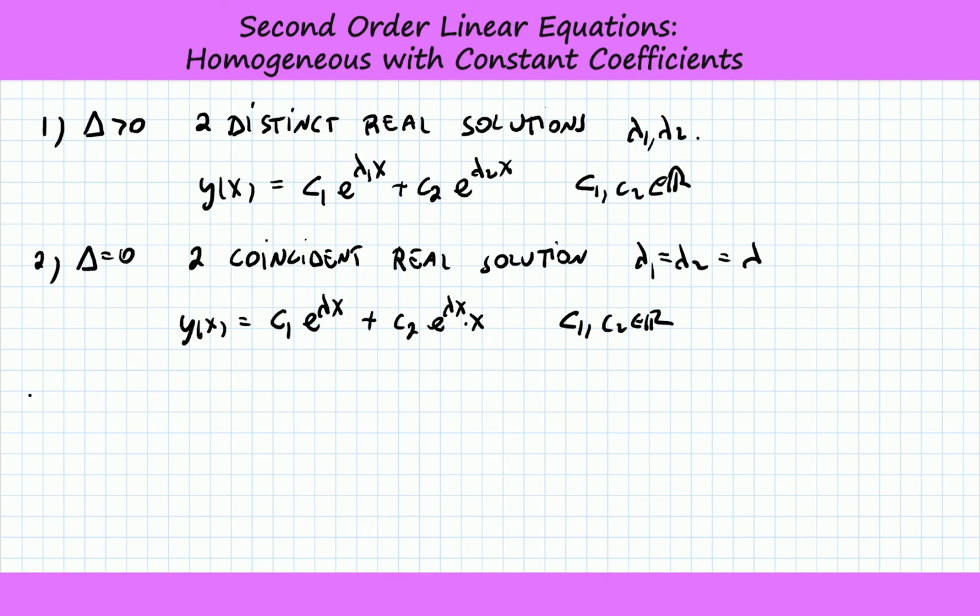Now the last case is if the discriminant is now negative. Well, in this case, I have the square root of a negative number, which is not a real number, but it is an imaginary number. So in this case, I obtain two complex conjugate solutions.